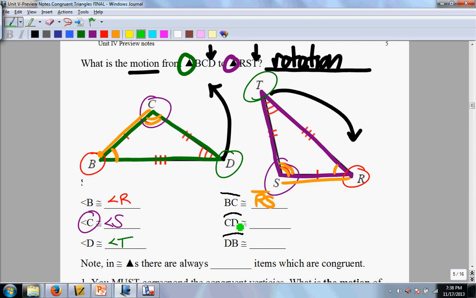We also know that the side CD, so C to D, double to triple, is congruent to S to T, double to triple. Last one, DB, that's triple back to single, is the same as T to R. Notice the 3 hatch marks.